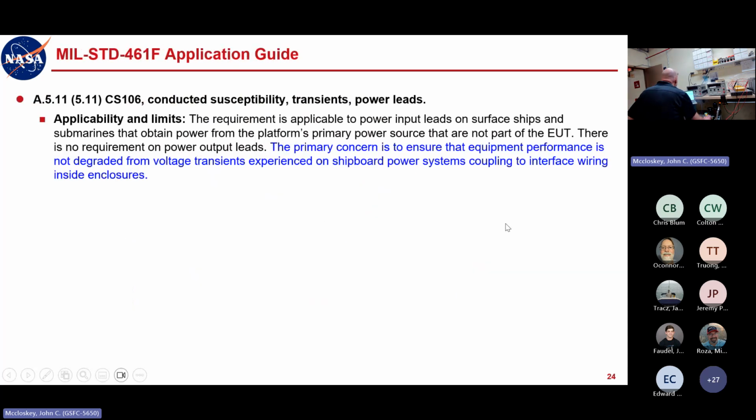But in the application guide for mil standard 461F, it says the primary concern is to ensure that equipment performance is not degraded from voltage transients experienced on shipboard power systems, coupling to interface wiring inside enclosures. Right? This is an important point going to the next slide. This wasn't really intended to evaluate susceptibility of your load, like your power converter itself. It was intended to evaluate potential crosstalk to interface wiring inside enclosures.